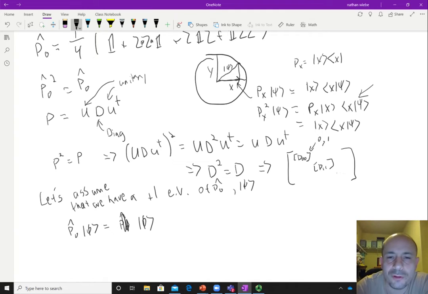So geometrically speaking, what we're saying by that is that this vector is oriented in the same direction as this projector.